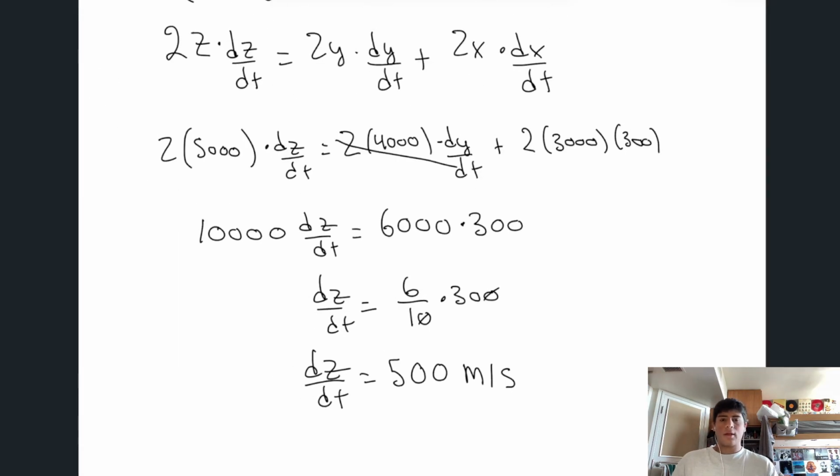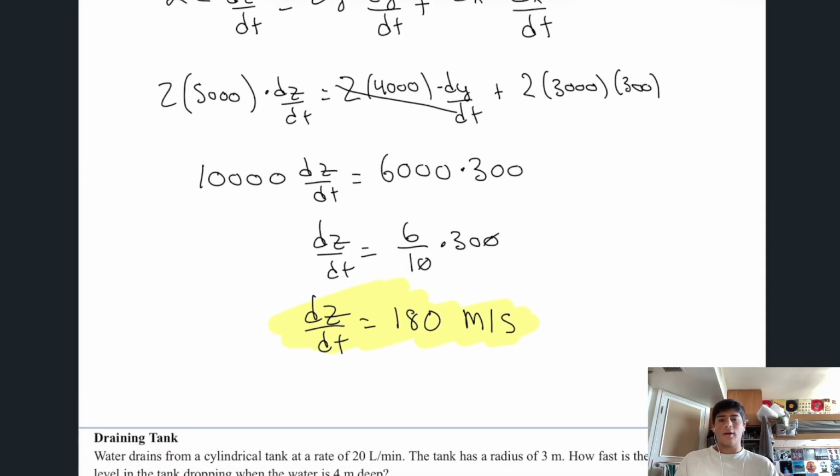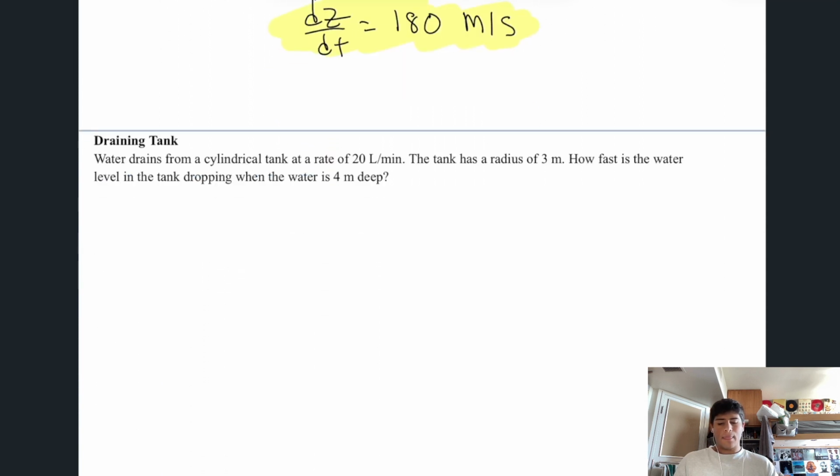All right, and that is our final answer. 500? Nope, that is very wrong. 180 meters per second. 6 times 3, 18. Add a 0, 180. Okay.